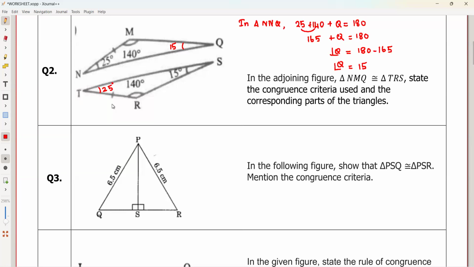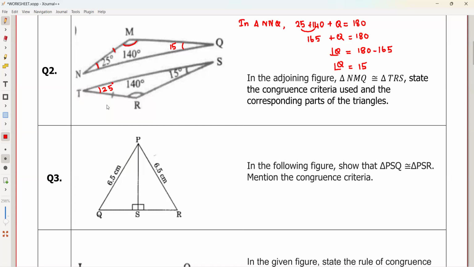Sir, ASA. That means angle, side, angle, right? Here also angle, side, angle is coming. So by the ASA criteria, I can say these two triangles are congruent.